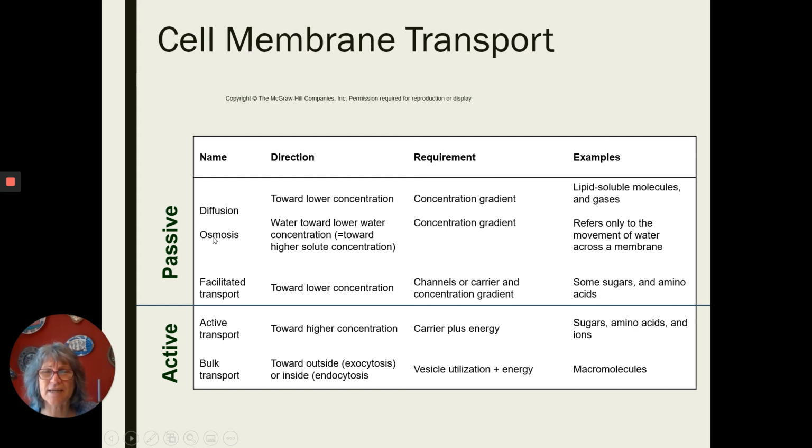So this is a special case of diffusion. Facilitated transport, I'm going to use one of those proteins to let molecules move down their concentration gradient. And then active transport, where I need to add energy or ATP to move against a concentration gradient, or because I'm transporting in bulk and I have to move transport vesicles, so that requires energy. And I use those usually with bigger molecules.